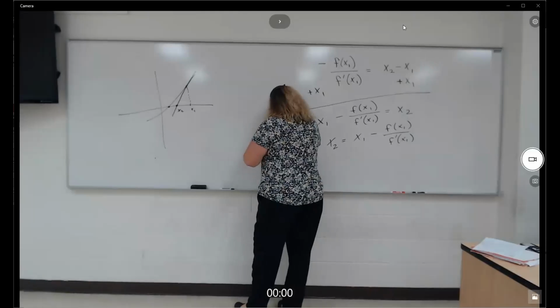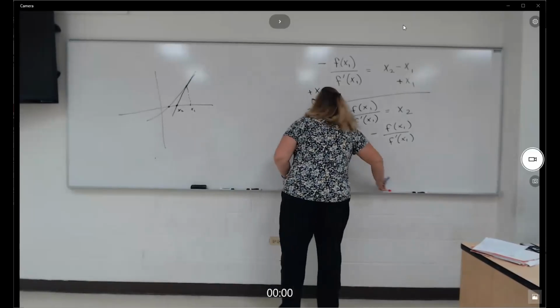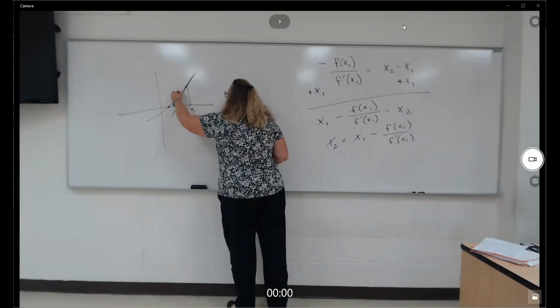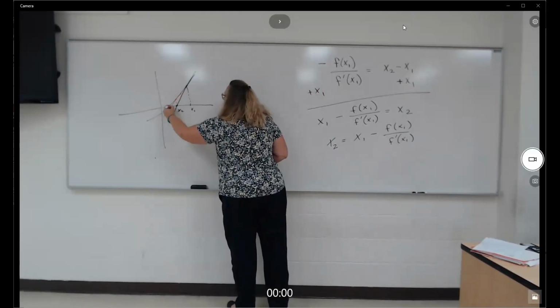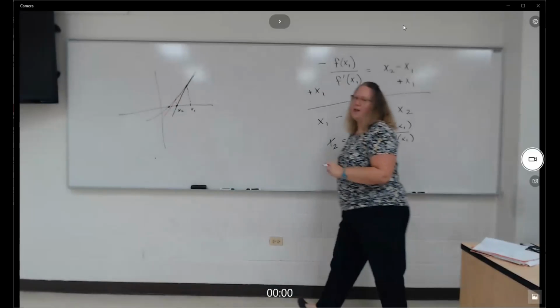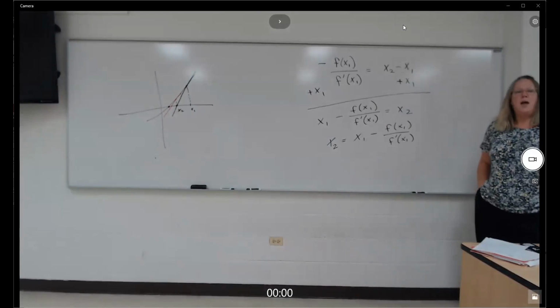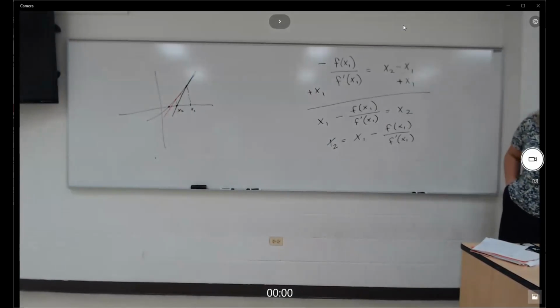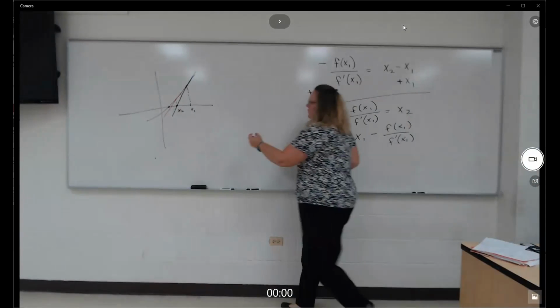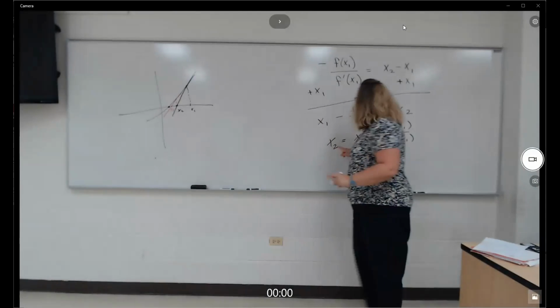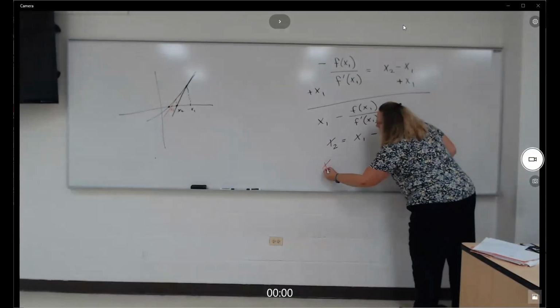So now I want to do it again. I go up, find the tangent, and now what did I just find? I found x3. Guess how I can find x3 so that I don't have to do this all over again.